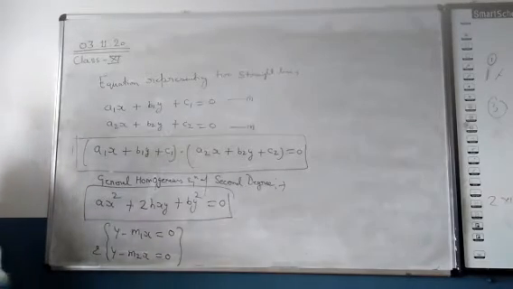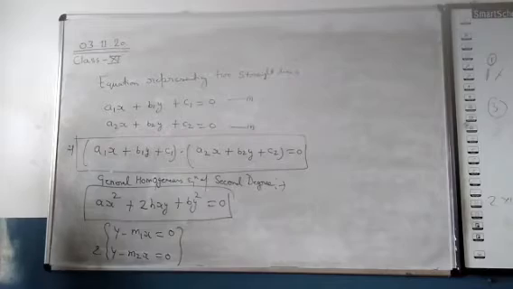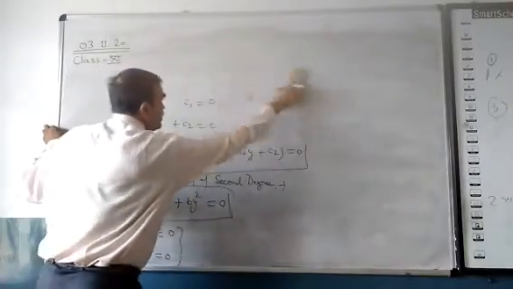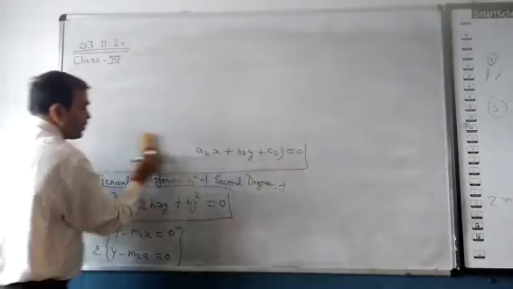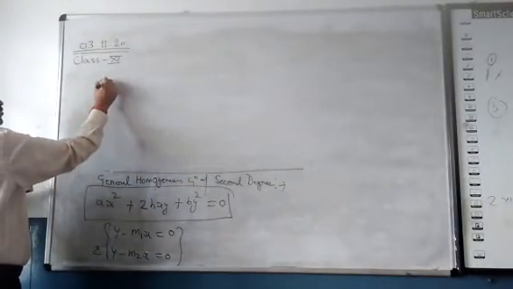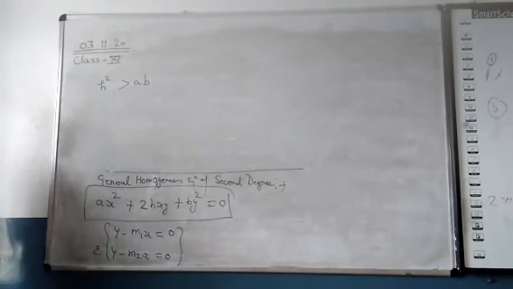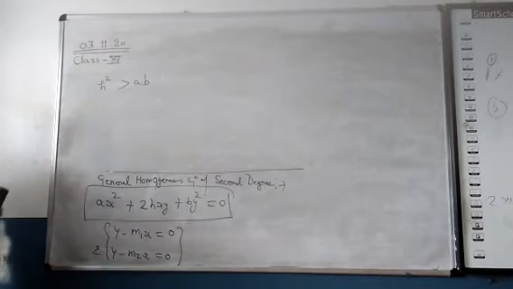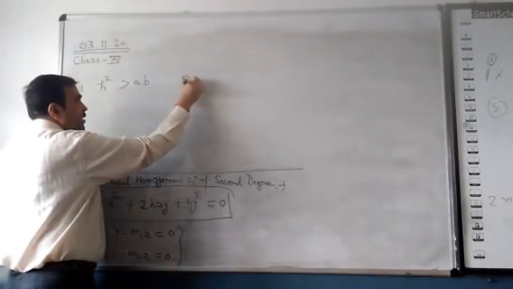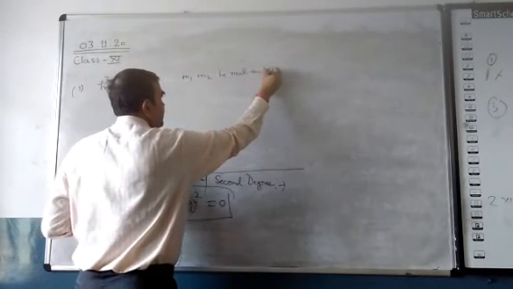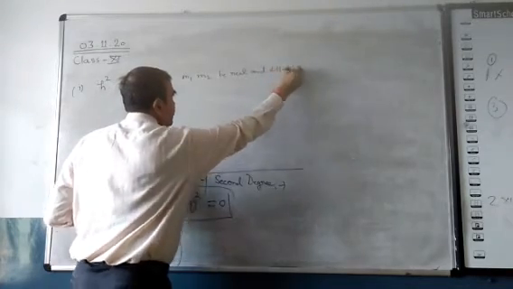In such an equation, if h square is greater than ab, then m1 and m2 will be real and different.